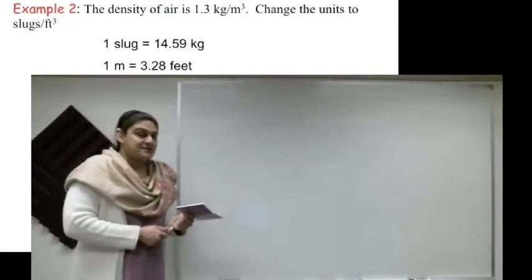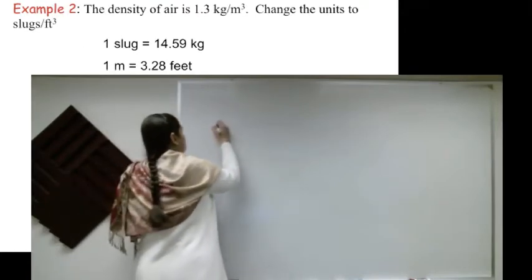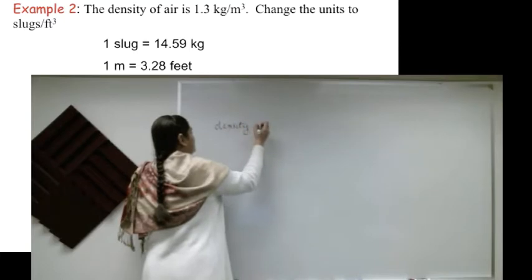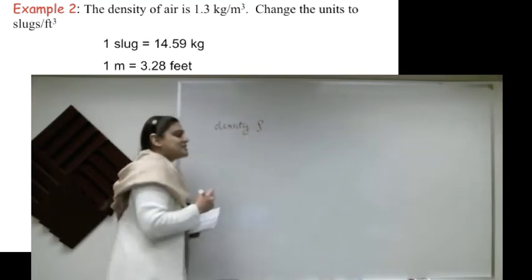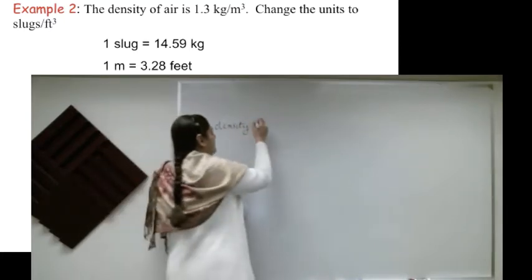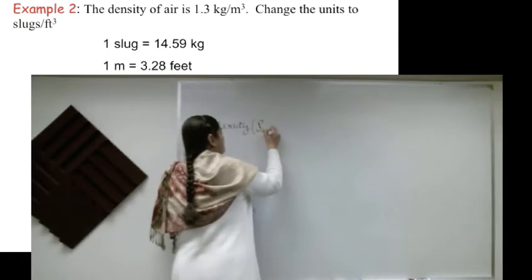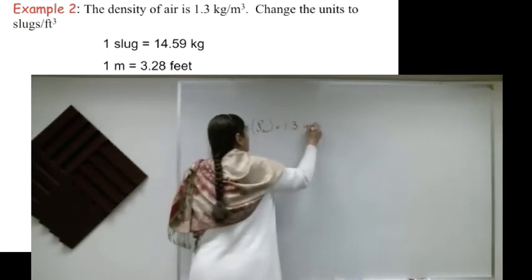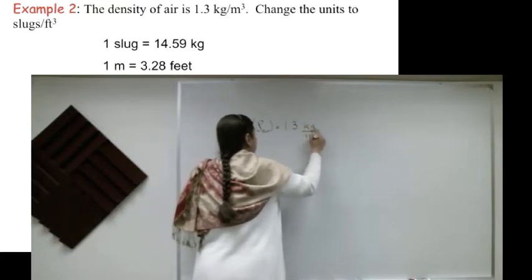In this case, the density of air is given to us. Density I usually express as rho. So I'm just going to write rho air is equal to 1.3 kilograms per meter cubed.